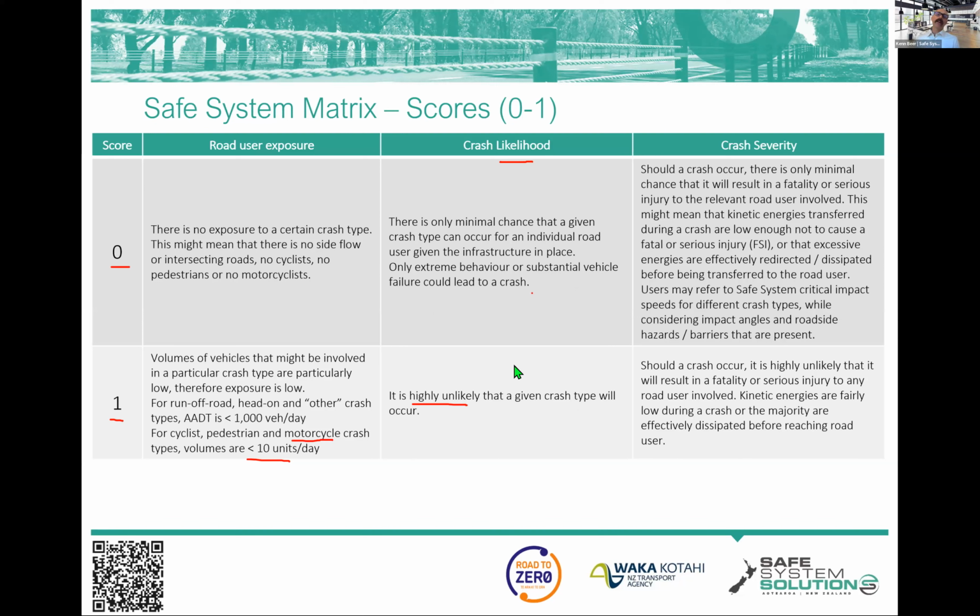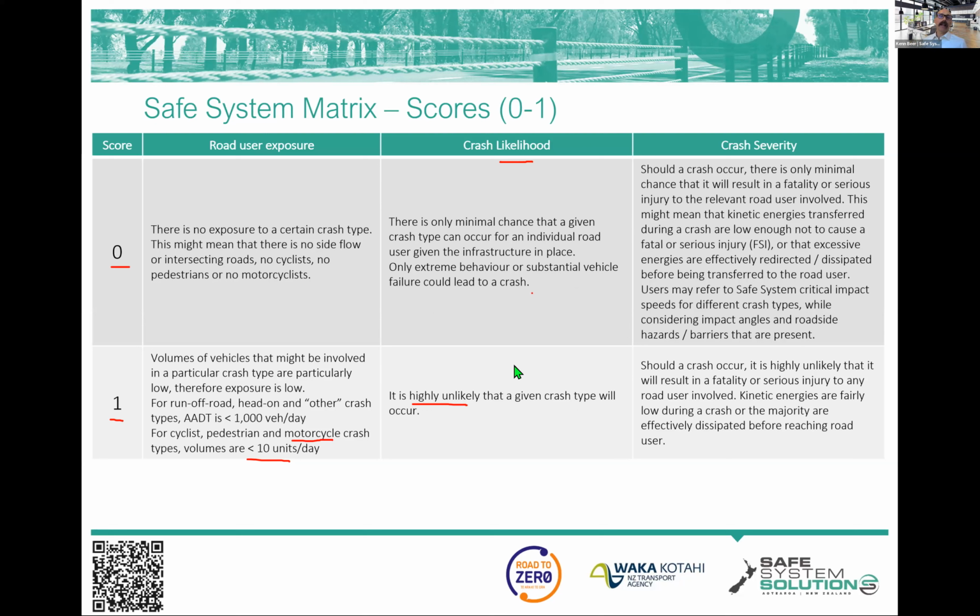But you're not taking into account human errors here, but extreme driver behavior, like police chase style extreme driver behaviors, or substantial vehicle failures. We're talking major truck tire blowouts and the vehicle sort of rolling and these sort of things.